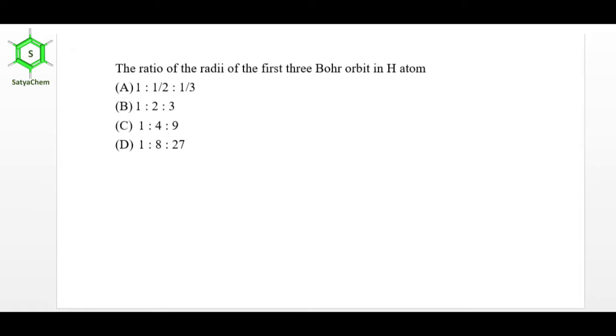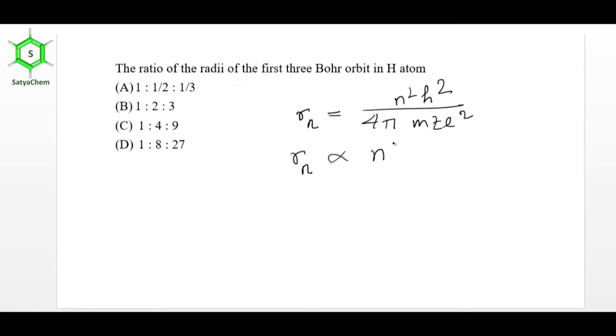The ratio of radii of the first 3 Bohr orbits in hydrogen atom. We know the radius of the nth orbit according to Bohr's theory is n square h square by 4 pi square m z square. So it is clear that Rn varies as n square.